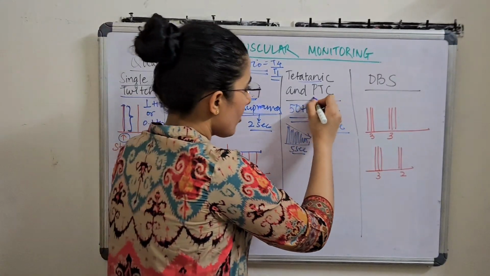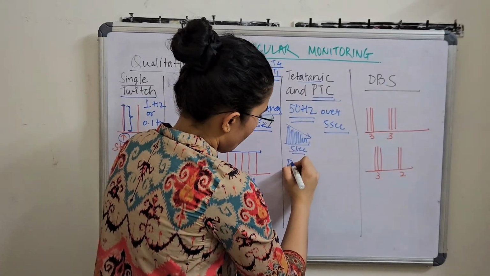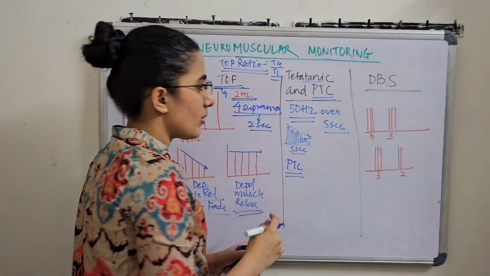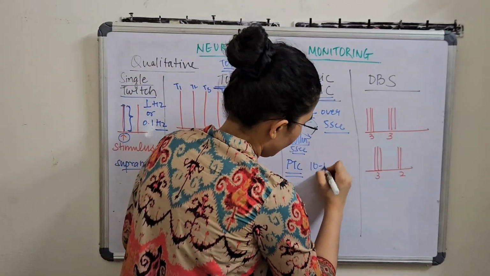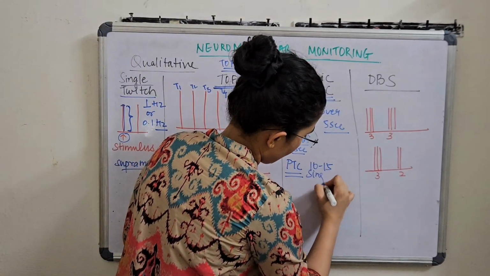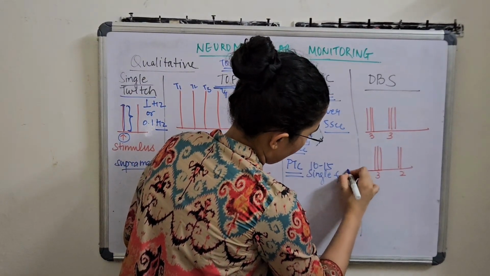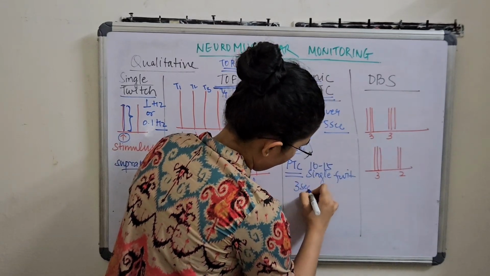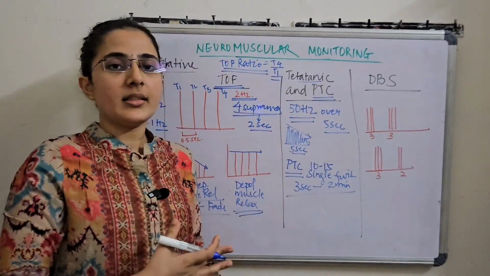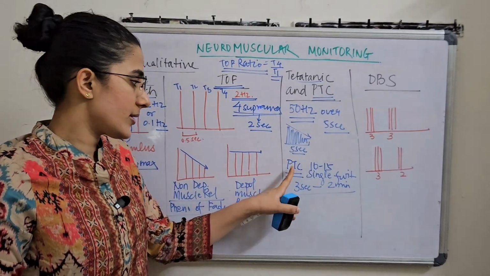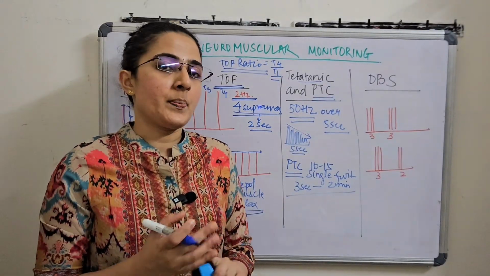So what is post tetanic count? Post tetanic count is nothing but single twitches, about 10 to 15 single twitches. They are given from 3 seconds to 2 minutes after a tetanic stimulus, and that is called the post tetanic count.